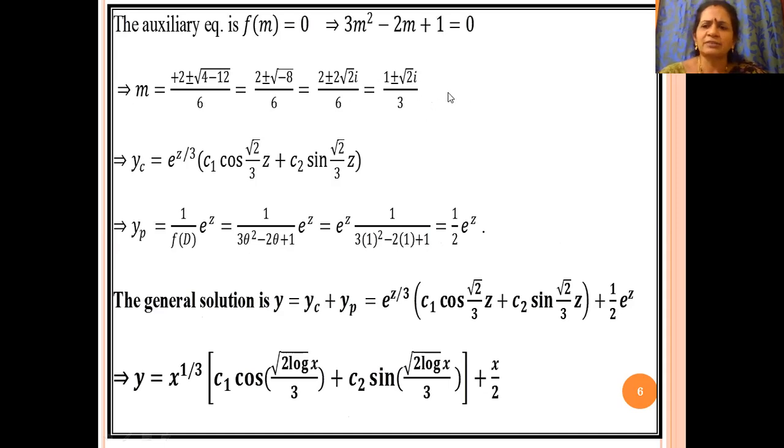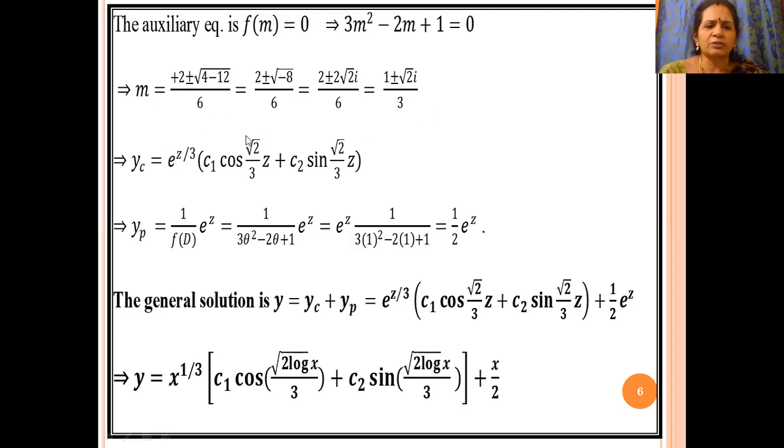So clearly it is in the form of a complex number a plus or minus ib, where a is 1 by 3 and b is root 2 by 3.